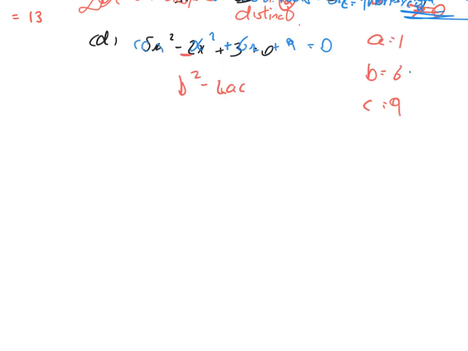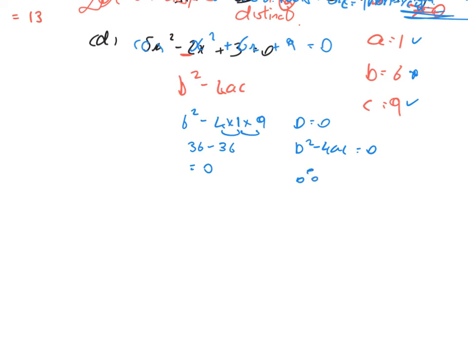Okay, so B squared was B is 6, so that's 6 squared minus 4 times A, which is 1, times C, which is 9. 6 squared is 36, minus 4 times 1 is 4, 4 times 9 is 36, 36 take away 36 is 0. So the discriminant, B squared minus 4AC, equals 0. What does that mean? Well, if you look back at the notes, the 3 statements, that means the roots are real and equal.